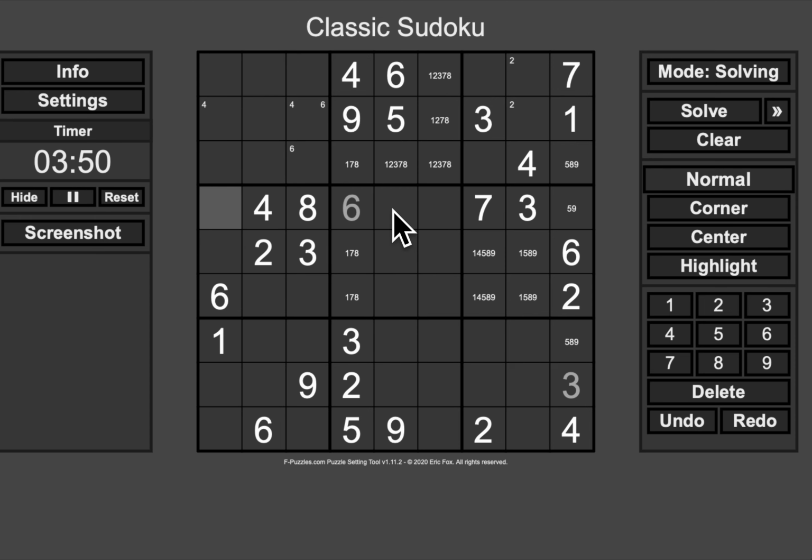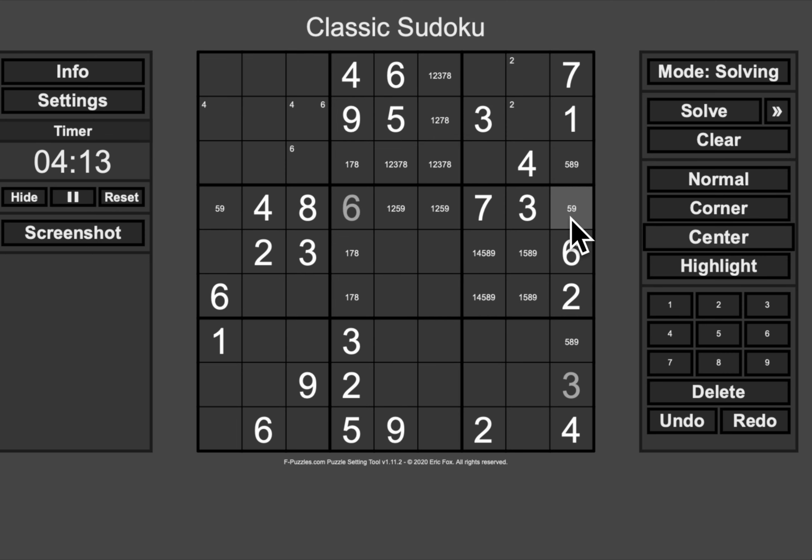Okay, I've now got cells left here. 3, 4, 6, 7, 8. There's 1, 2, 5, and 9. Oops. 1, 2, 5, 9. Yes, candidate cells there. This can't be 2 or 1.